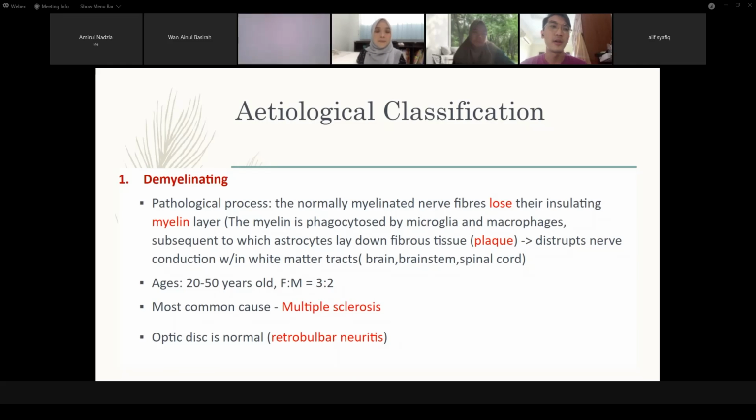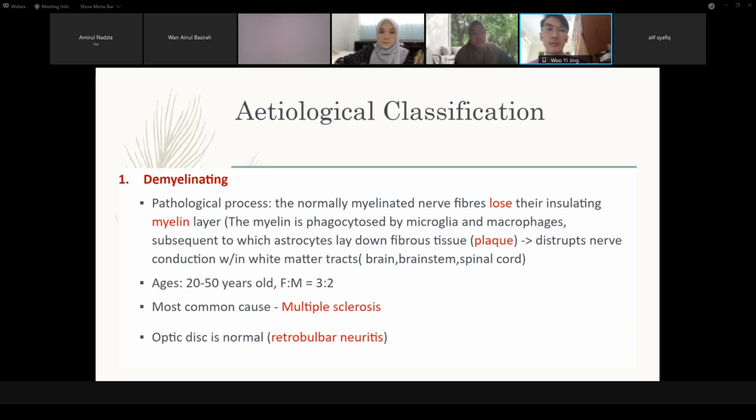All right, next we'll move on to etiological classification, as we have finished discussing the classification under ophthalmoscope. Now we proceed to the causes. First cause is demyelinating causes. The pathophysiology is that the myelinated nerve fibers lose their myelin layer, most probably due to multiple sclerosis, which is an autoimmune condition.